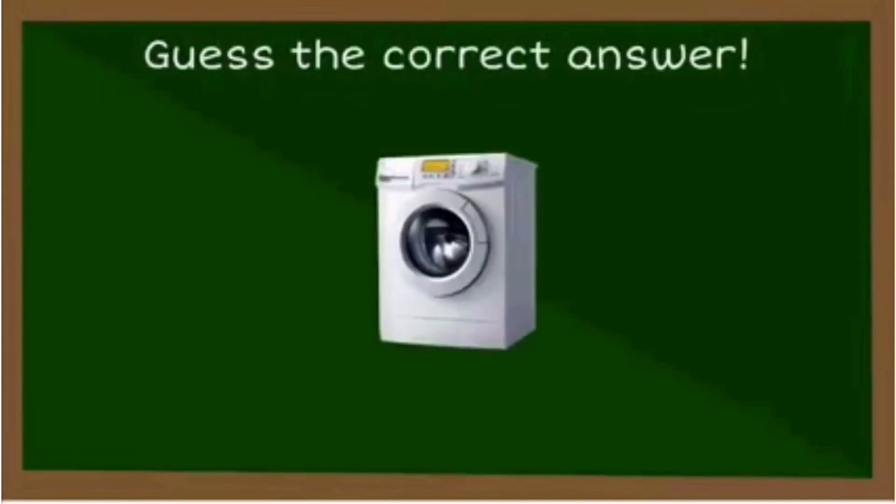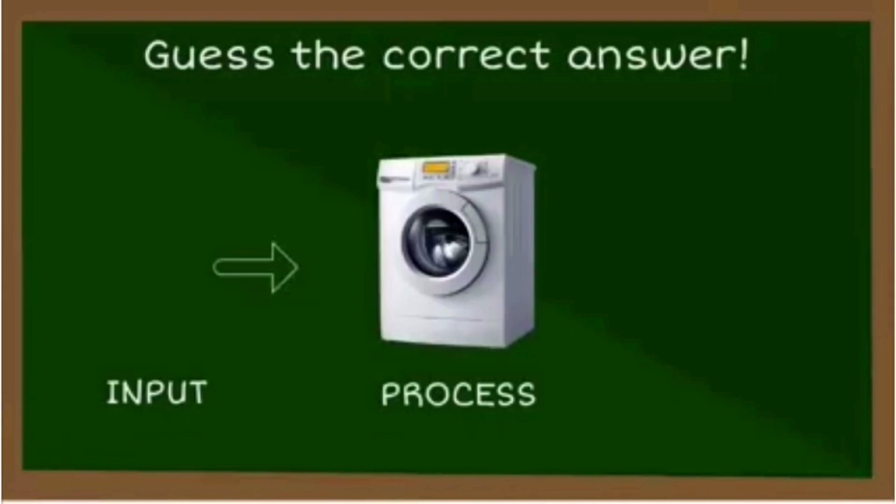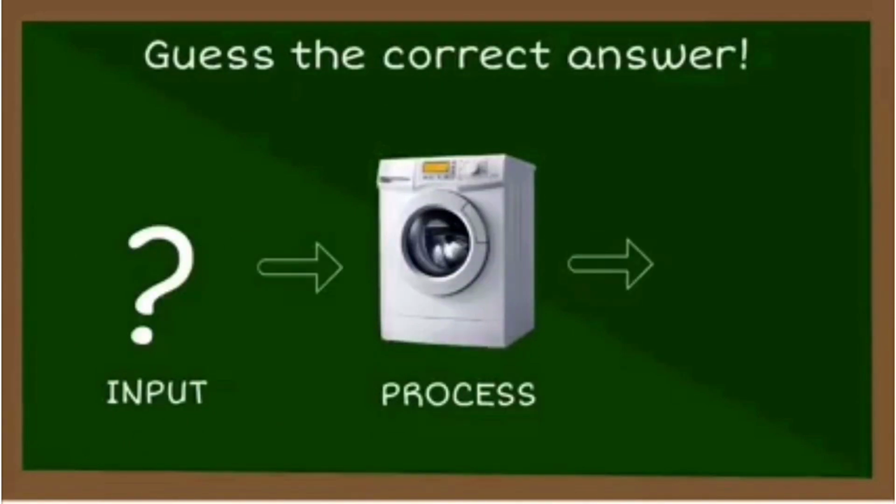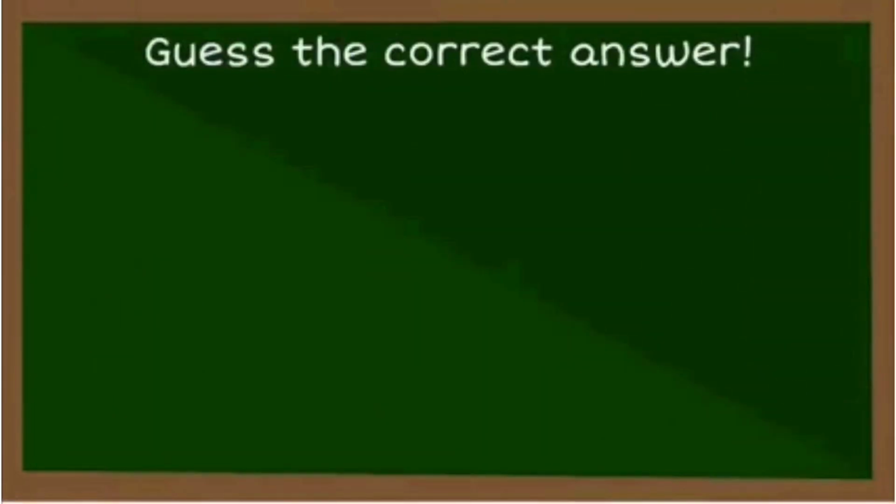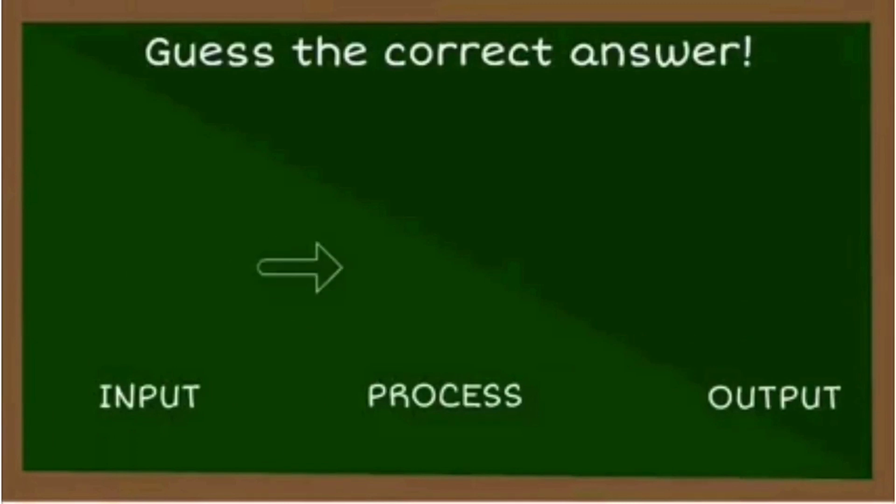Now take another example. You have to guess what will be the input here to put into the washing machine and what will be the output. And I think you all can guess the input and output here. Correct, children.